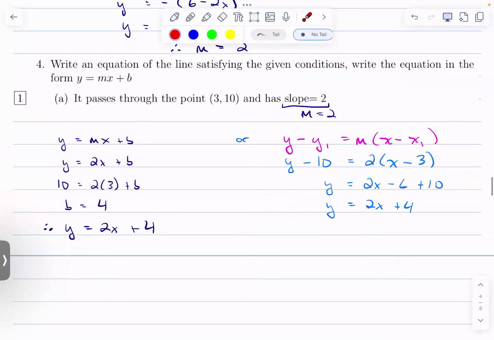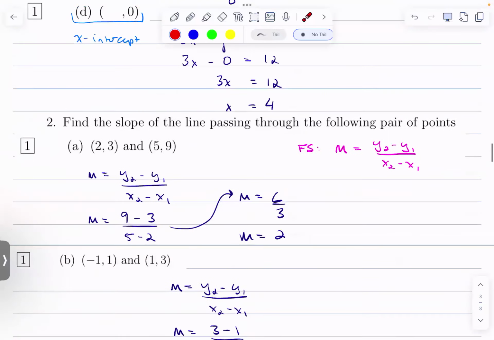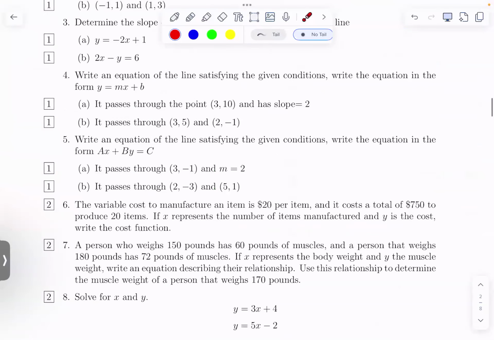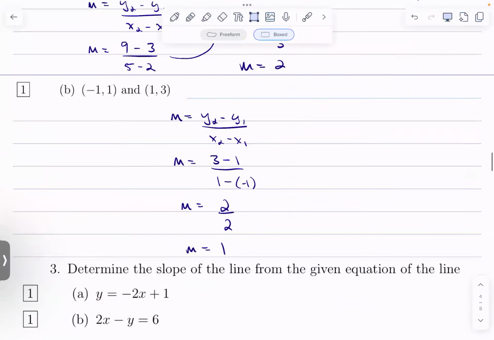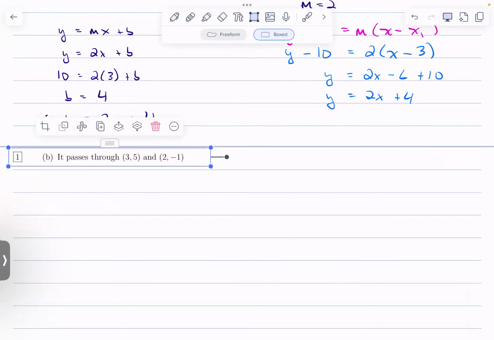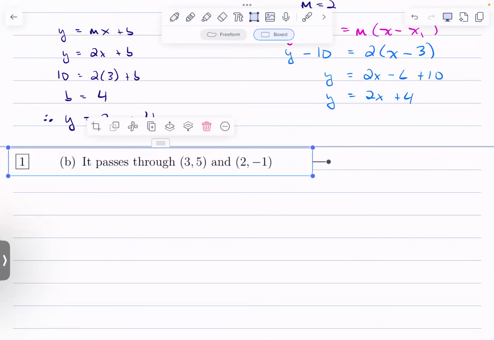Okay. How about B? B's just a slight level up. It's only worth 1 mark, right? Same as the other ones.